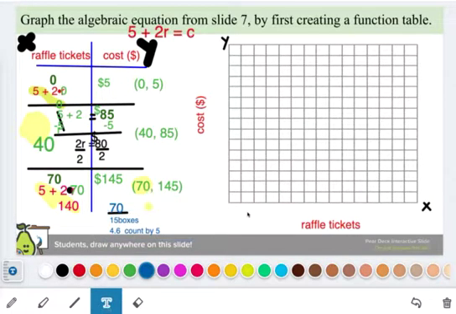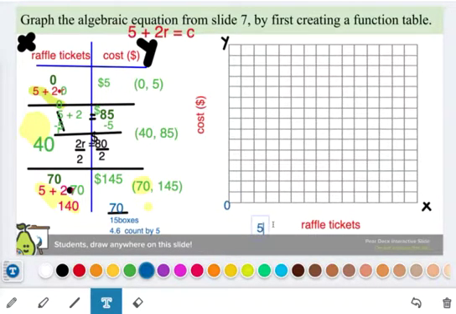So that means this point right there is 0. I'm going to make it a little bit bigger to show you what I mean, then size it smaller. I'm going to count by 5.